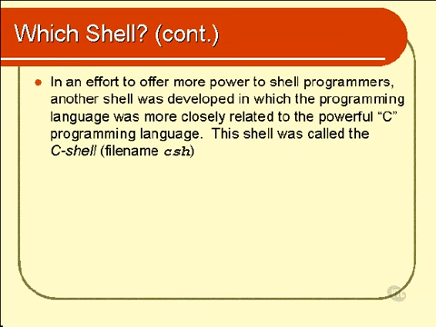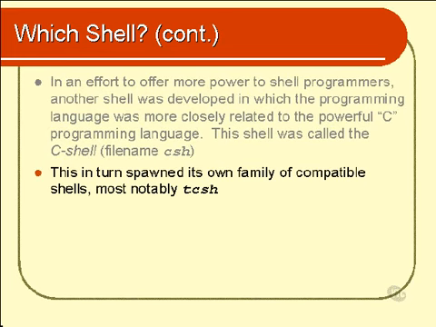The programming language of the C shell is slightly different to that of the Bourne shell, and it even offers some features not found in Bourne shell scripting. However, it is more complex to use and is reportedly a little bit buggy, so it is not used very often. We will not be covering it during this course. The C shell in turn spawned its own family of compatible shells, most notably tcsh, but we won't be covering any of those.